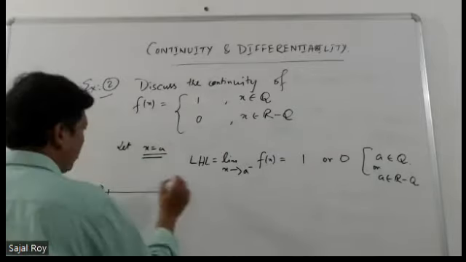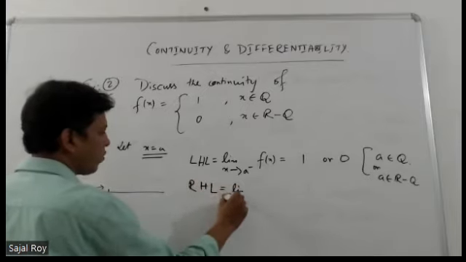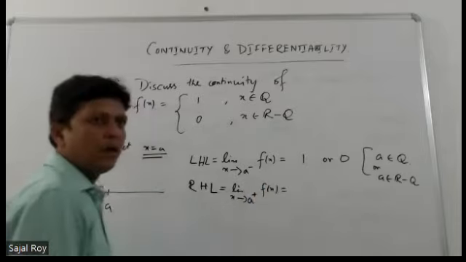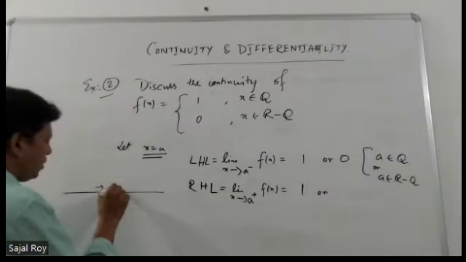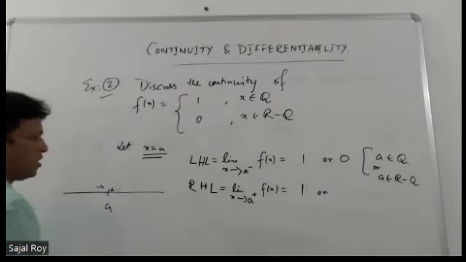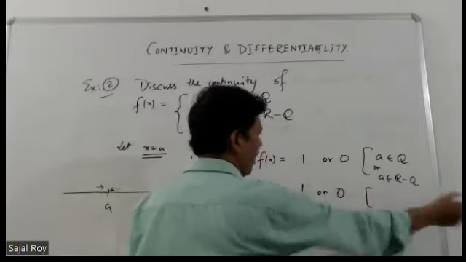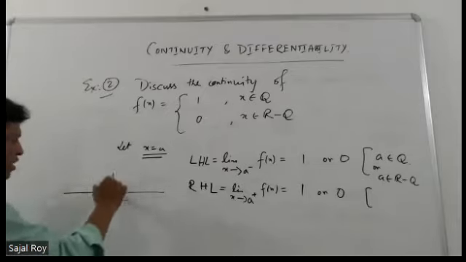What about the right hand limit? Again 1 or 0. You are approaching from the right, taking values very close to a. So 1 or 0, according as a is rational or irrational. So what do you see? Very fast fluctuation is going on.